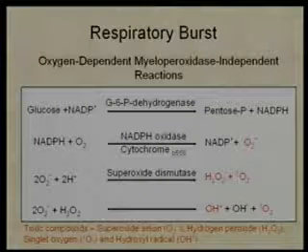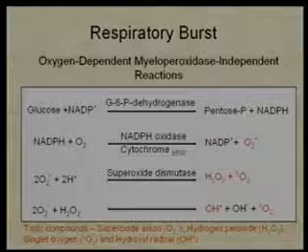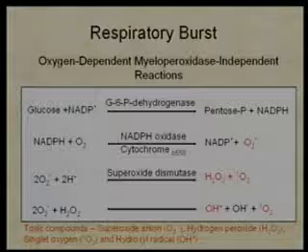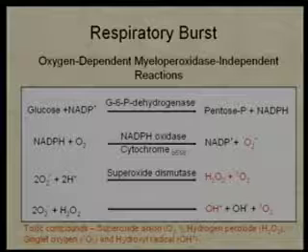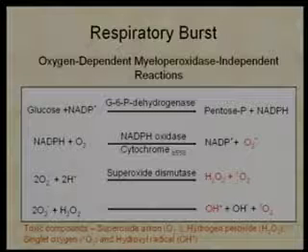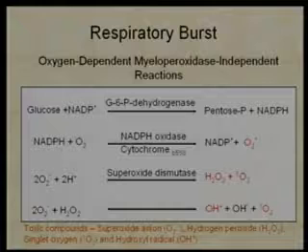There are components in the vesicle membranes already, and then when the granules fuse with them, all the components of the NADPH oxidase can organize and form a functional NADPH oxidase.